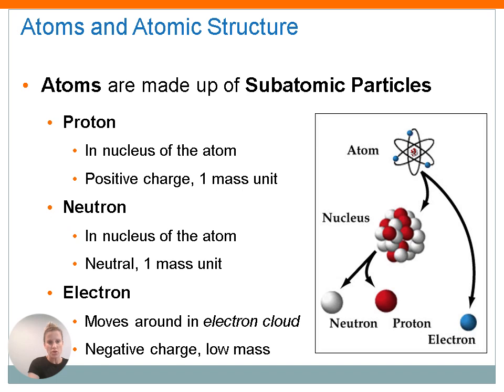Neutrons are also in the nucleus of the atom. If you look here at the nucleus, notice it has these little white dots which represent neutrons and these little red dots which are representing protons. So the nucleus is made out of the protons and neutrons. Neutrons are neutral. Neutral means no charge.